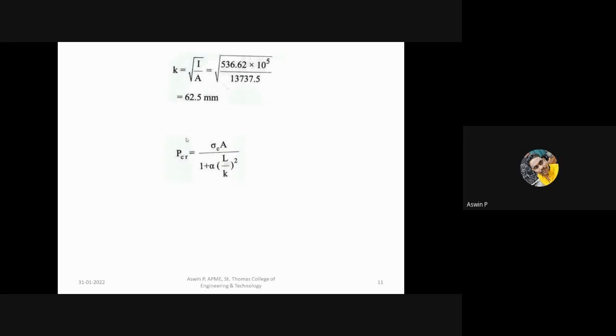For that, you need to substitute the value of sigma C, A, alpha, effective length L, and radius of gyration K. After substituting these values, you will get the equation as such. Don't copy, please write down.